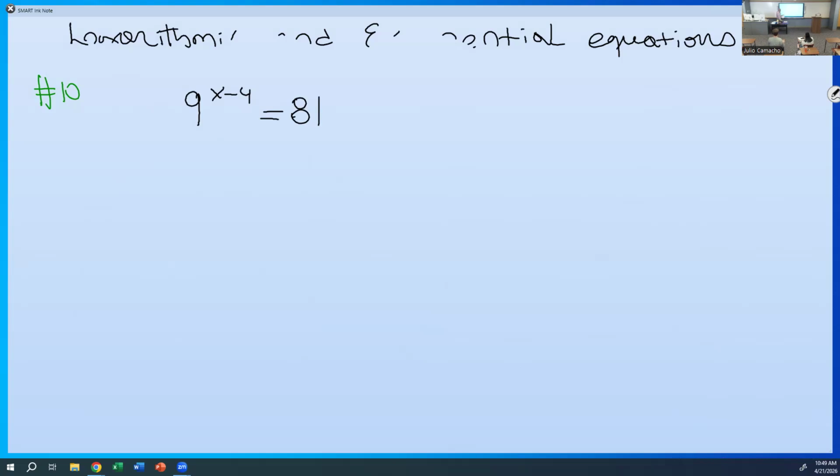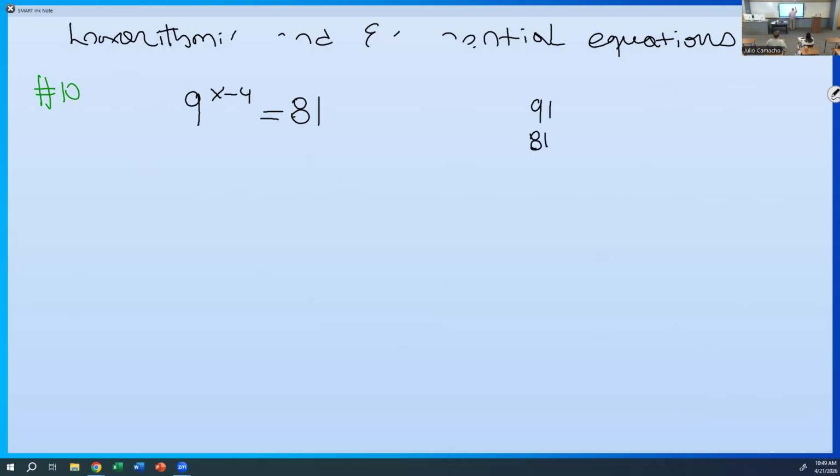What will be the least common base of 9 and 81? 3. Remember when we did that a long time ago? You put your 9 and your 81.